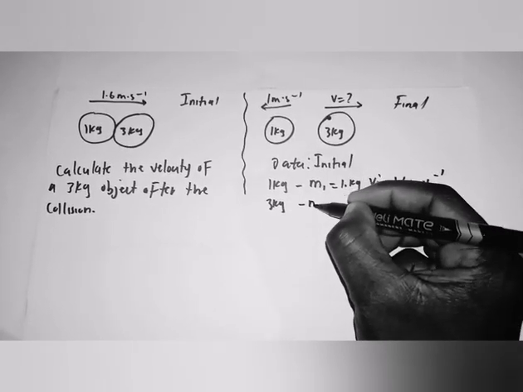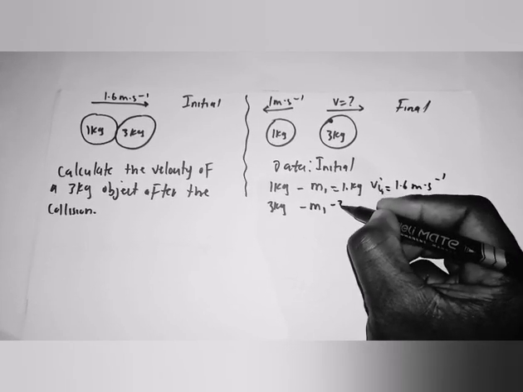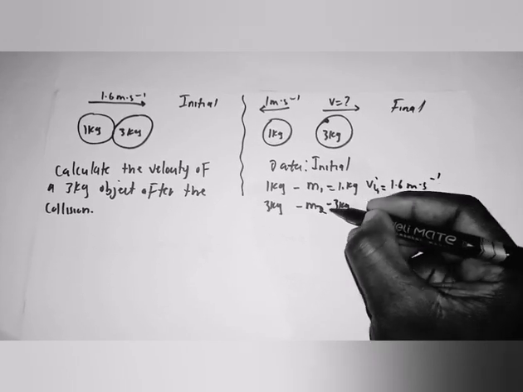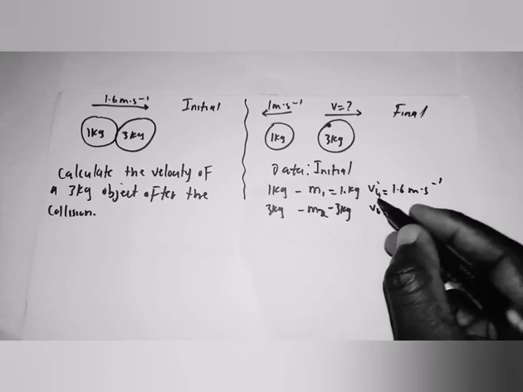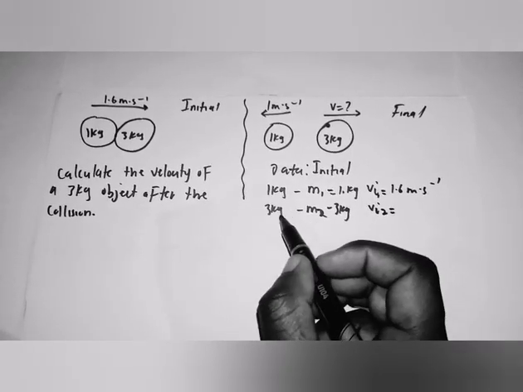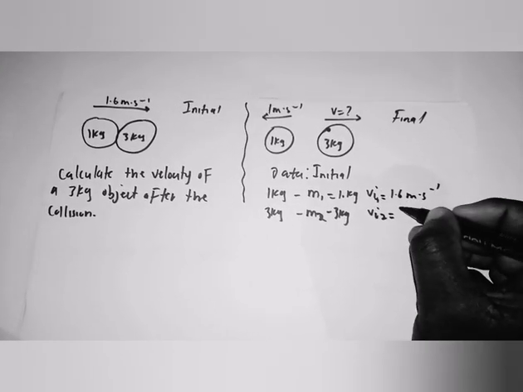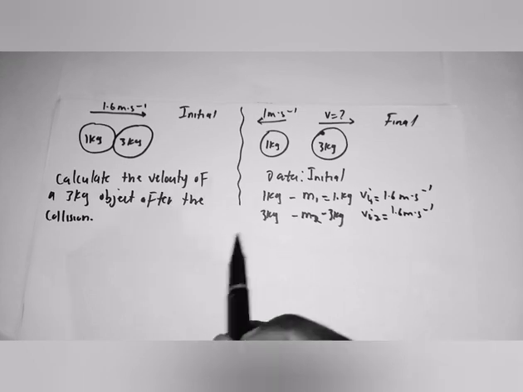Now the 3 kg block, it is of mass 2, not mass 1, which is 3 kg. Then V initial 2 is equal to 1.6 meters per second.